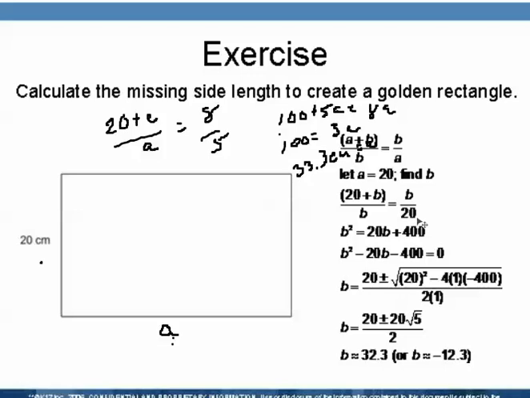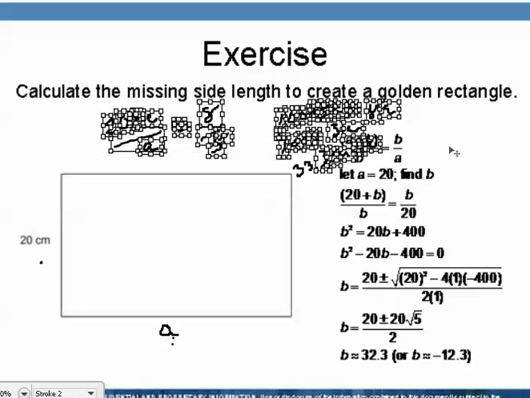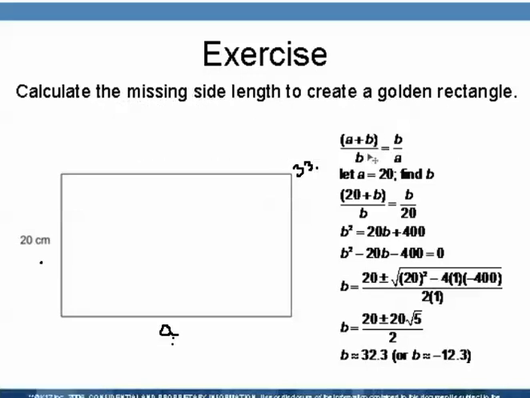Let's try working it their way. A plus B over B equals B over A. So we let 20 be the A, plug that value in, cross multiply: B squared plus 20B plus 400.